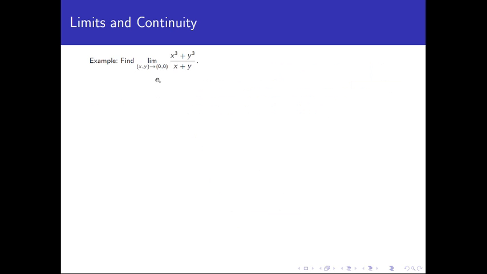All right, so let's look at a specific example of a limit and see if we can evaluate it. We'll look at the limit as x, y goes to 0, 0 of x cubed plus y cubed over x plus y. One way to try to do this would be using techniques that we did in Calc 1. The numerator factors.